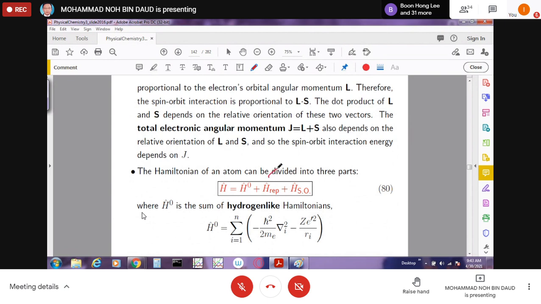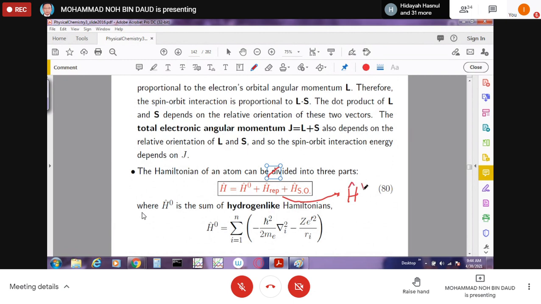This is for the many electron atoms. This is the sum of the hydrogen-like Hamiltonians. And this H, okay, you have seen this in the previous lecture.